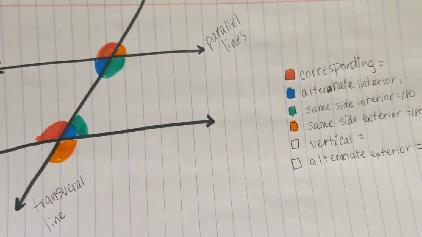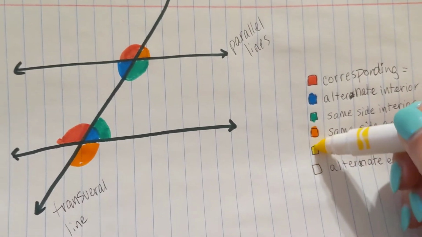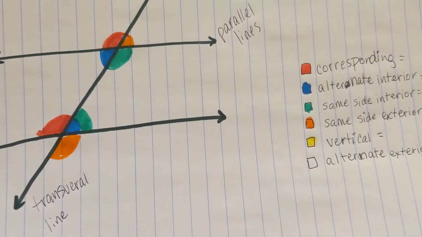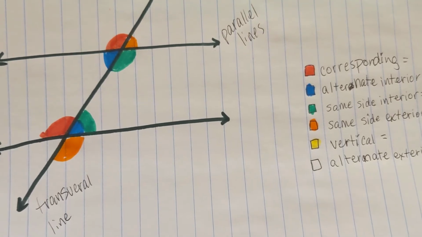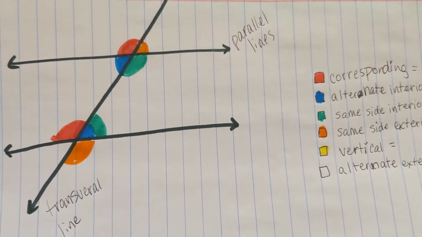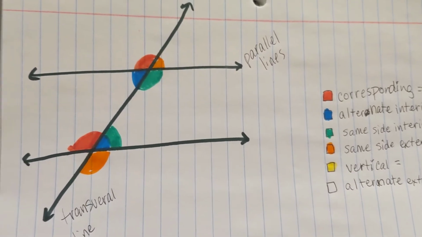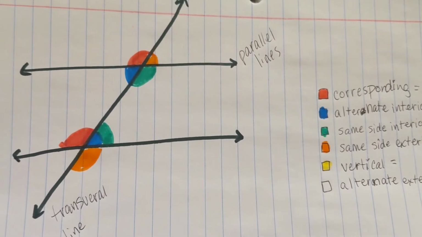Okay, so next we're going to look at vertical angles. These are going to be congruent. That means they're going to equal each other. And for vertical angles, the rule is they're always back to back. So the pointy ends are touching, is how I always describe it.